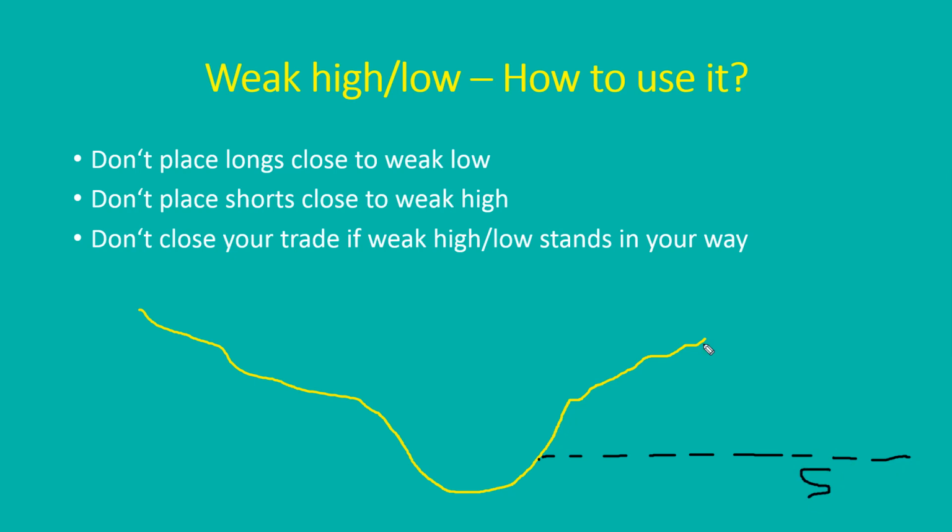So what usually happens is when the price gets back close to the weak low or weak high, it tends to test it and create a strong low or a strong high. So usually the price goes below the weak low. The price tends to test it and go below it. So this is why you shouldn't place your longs close to the weak low.